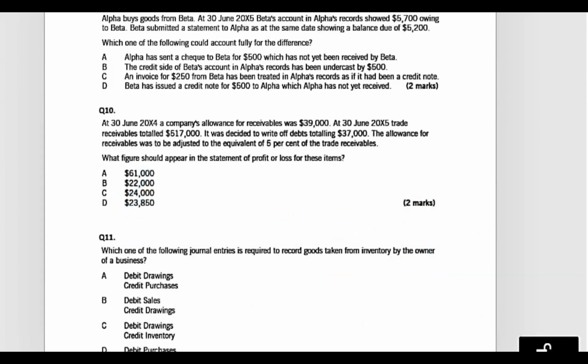We move to question number 11. And what should be the time? Question number 11. Which one of the following journal entries is required to record goods taken from inventory by the owner of a business? Okay. Anyone?